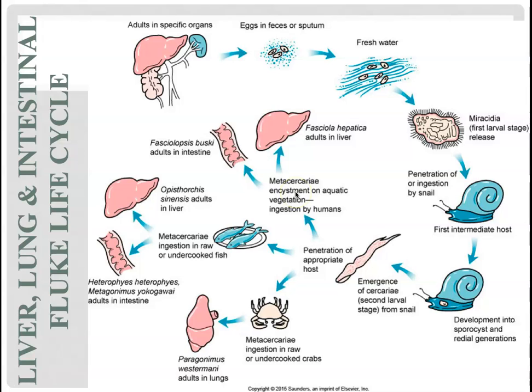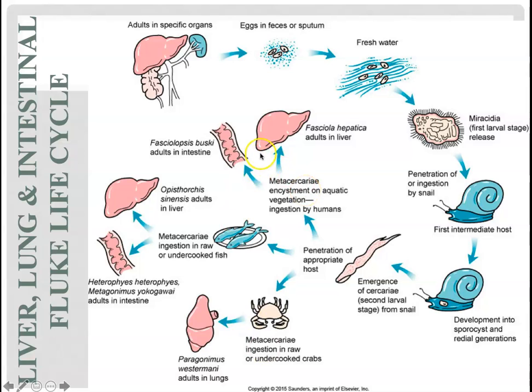So then we get infected by ingesting the metacercaria, either if we eat undercooked water vegetation, or we eat raw or undercooked fish, or we eat raw or undercooked crabs or crawfish. And that's how we get the flukes, is by ingesting the metacercaria stage.